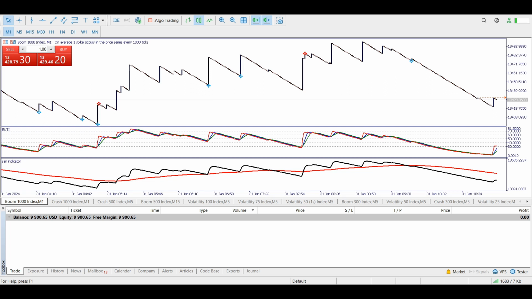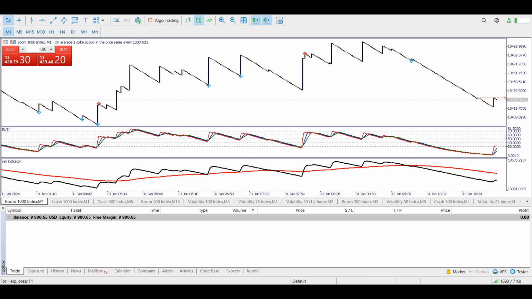On Crash 500, our M5 has already crossed, so we are going to take it on both M1 and M5. On our Boom 1000, there is nothing yet. On M5 it is not in buy, and on M1 it has not yet crossed, but it has given us a small spike. That red thing that I've put there is an alert.